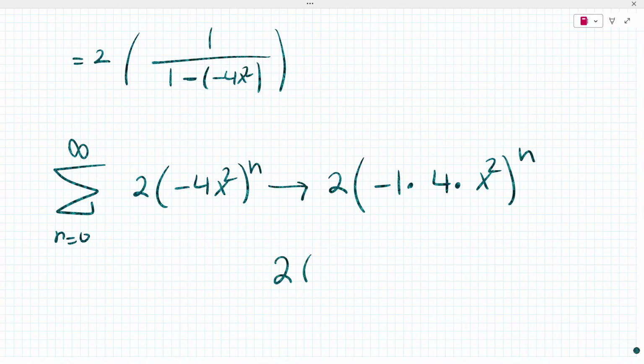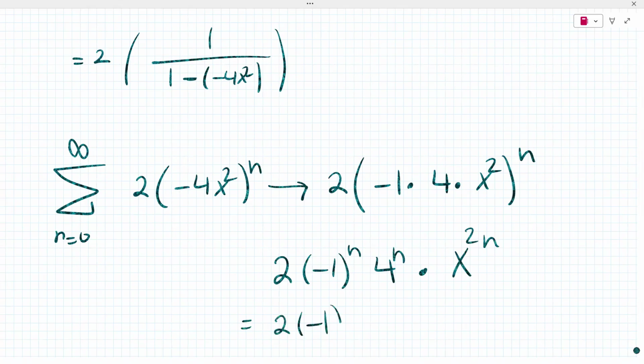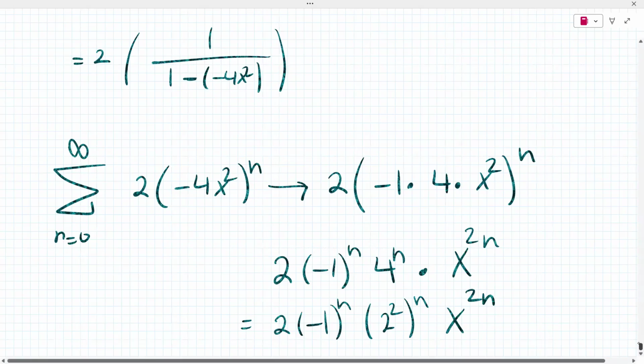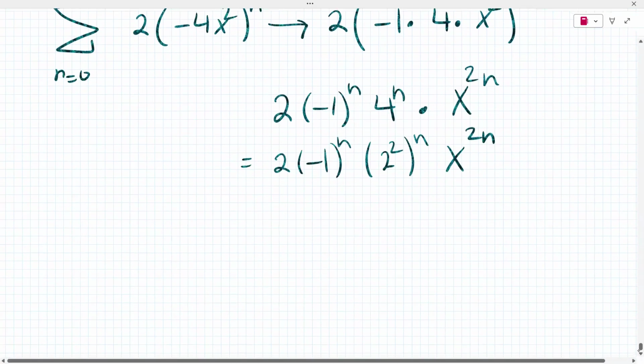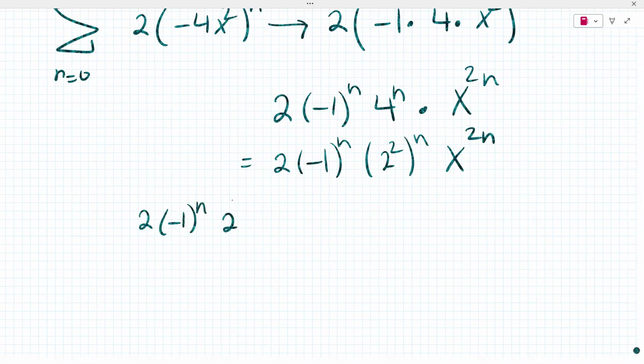We get 2 times negative 1 raised to the n times 2 to the 2n times x to the 2n.